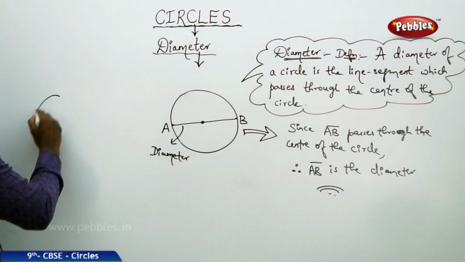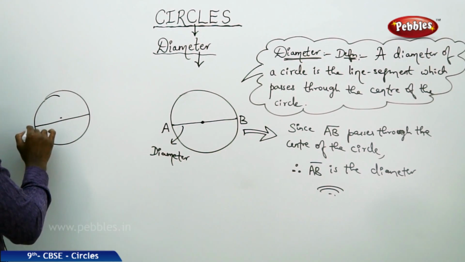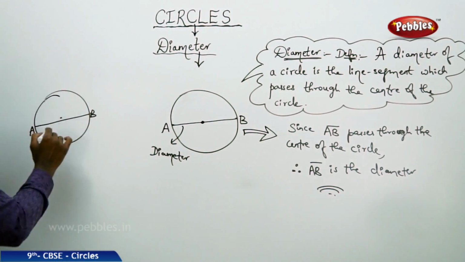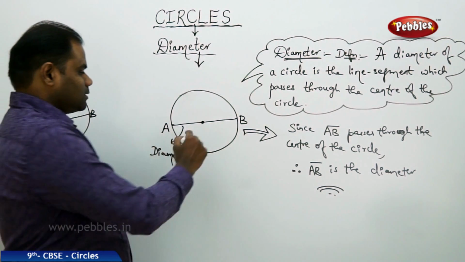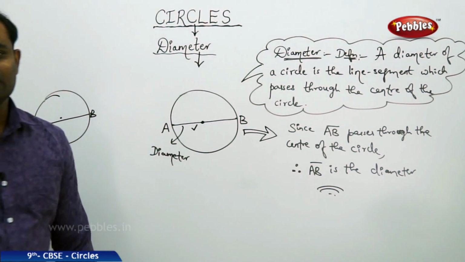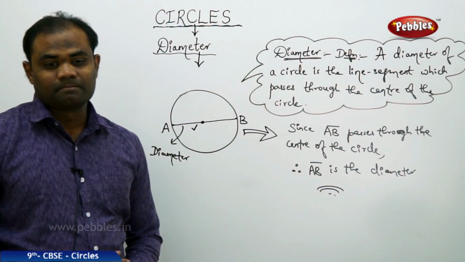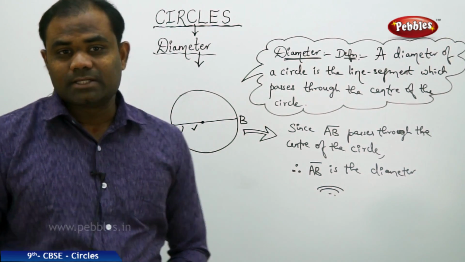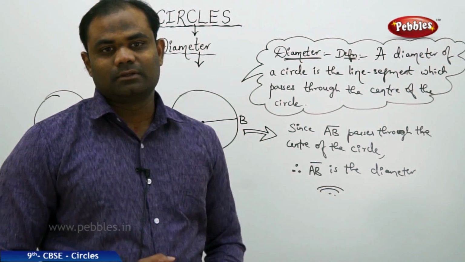If I take a line AB which does not pass through the center, then this line is not a diameter, but this line is a diameter because it passes through the center of the circle. Is how we understand the diameter of a circle.